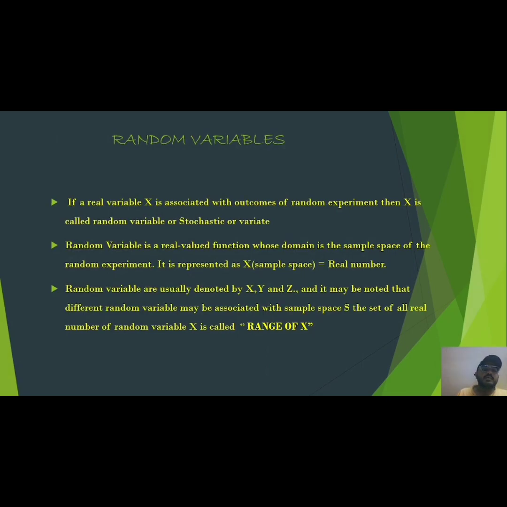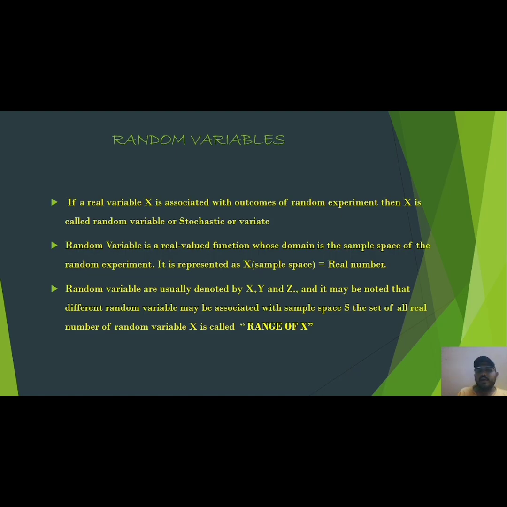Next, random variables. If a real variable x is associated with the outcome of a random experiment, then x is called a random variable, or a random variable is a real-valued function whose domain is the sample space of the random experiment.